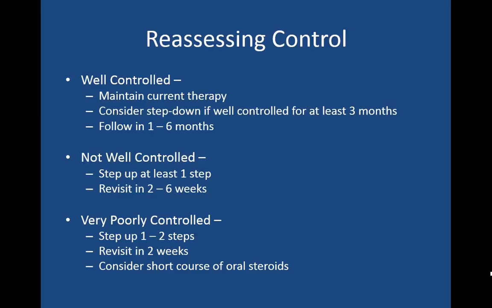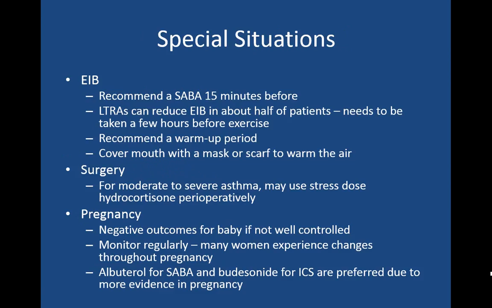If they're not well controlled and you assess all those things like adherence and environmental factors and technique, and all those things check out and you need to change their therapy, then you're going to step up 1 step. Okay, so you're going to increase the aggressiveness of their therapy and then revisit in about 2 to 6 weeks. And then those very poorly controlled patients, or the patients that have an exacerbation, they might even get oral steroids, and they're going to get quite a bit more aggressive in their therapy at that time.